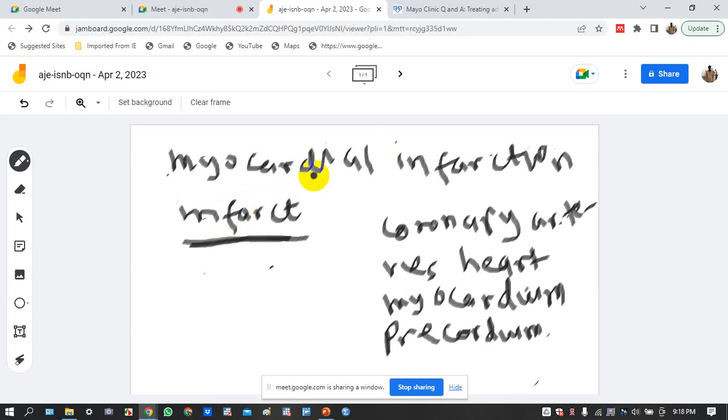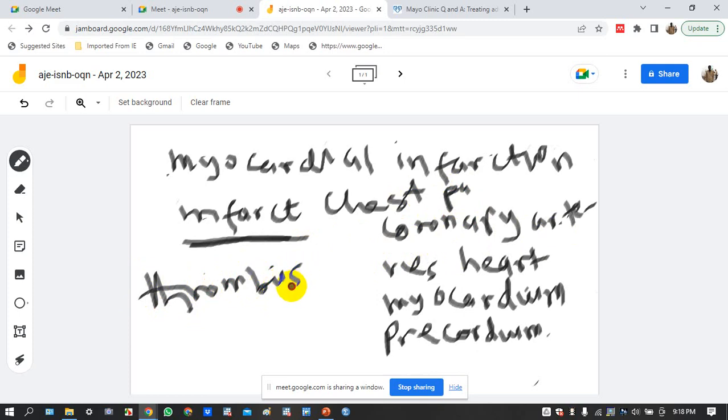If you have myocardial infarction, it leads to what? Chest pains. And when somebody complains of chest pains, which is as a result of myocardial infarction, it means that there is limited supply of oxygen, because this one arises in the coronary arteries when there is a thrombus formation in the coronary artery, and this process is called atherosclerosis.